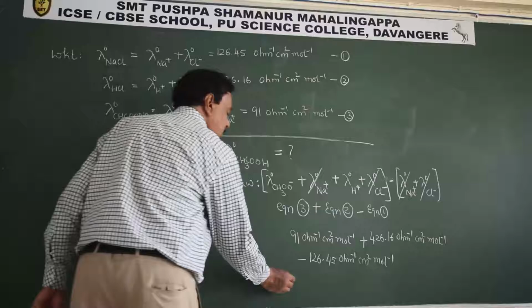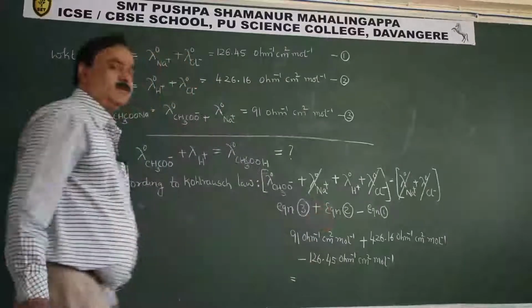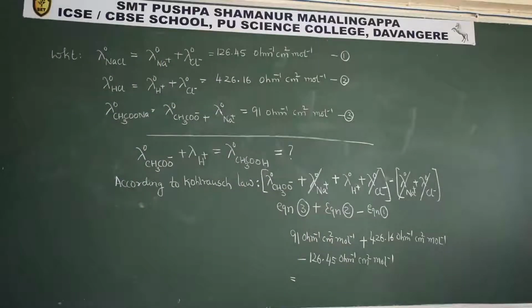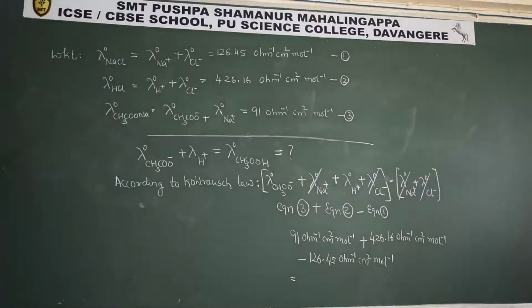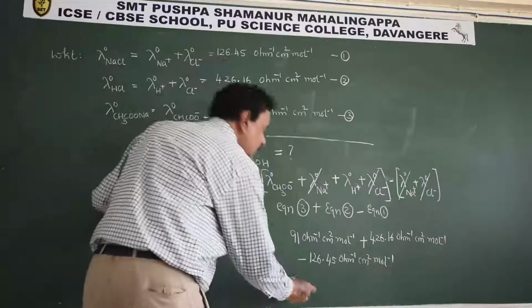You add the first two and subtract the third. That comes to 390.71 per ohm square centimeter per mole.